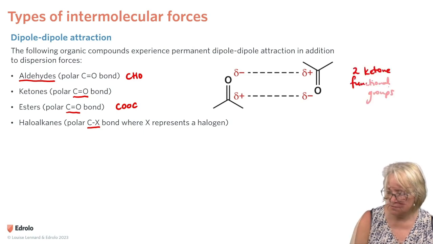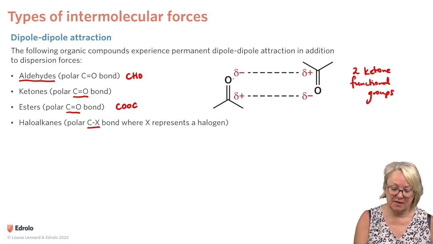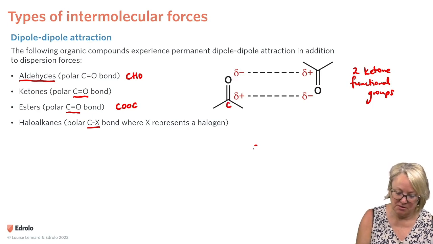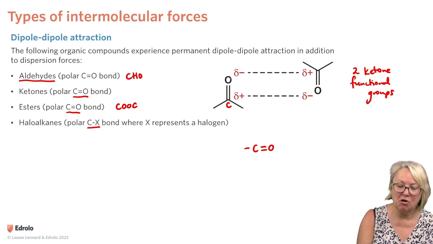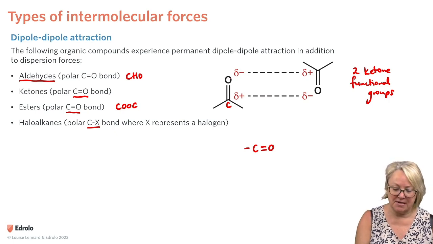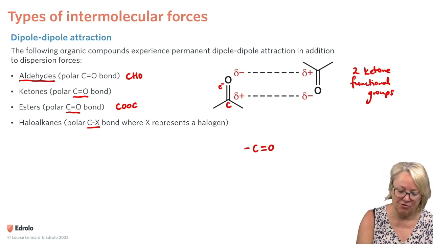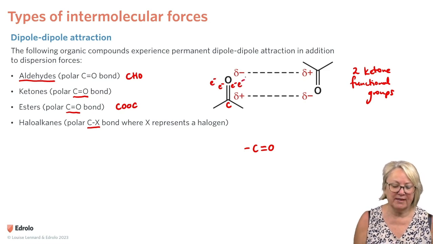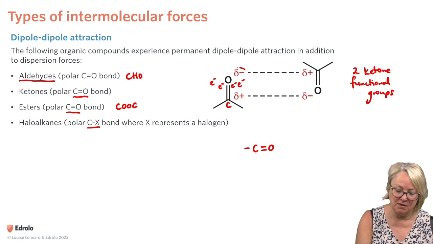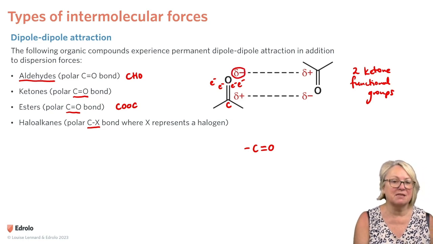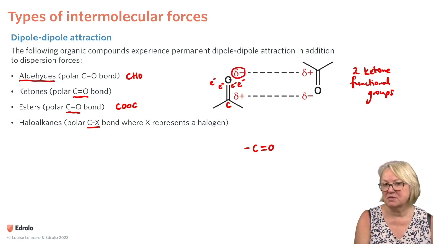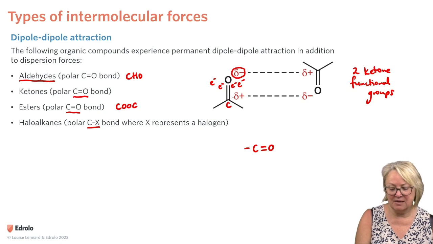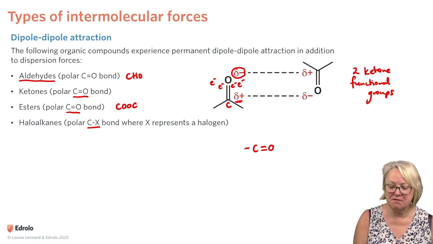functional groups. The oxygen is part of the carbon to oxygen double bond. The oxygen is the electronegative atom. There's 4 electrons in this double bond, and the 4 electrons spend all their time near the oxygen, making this part of the bond delta negative, and the electrons are withdrawn from the carbon, making this side delta positive.